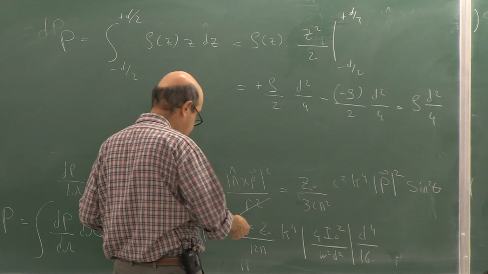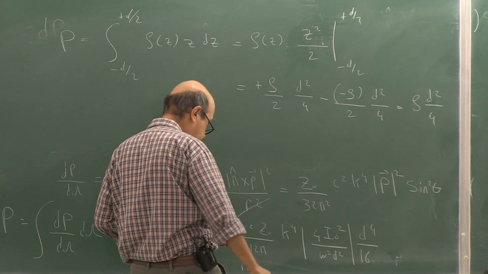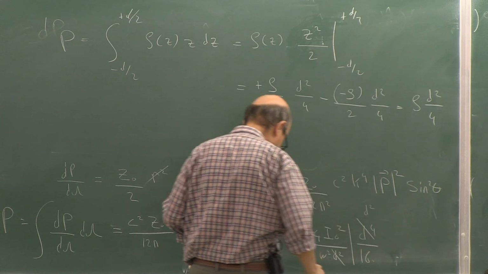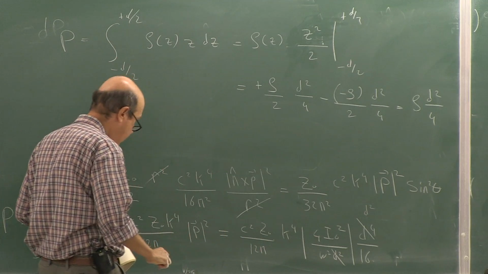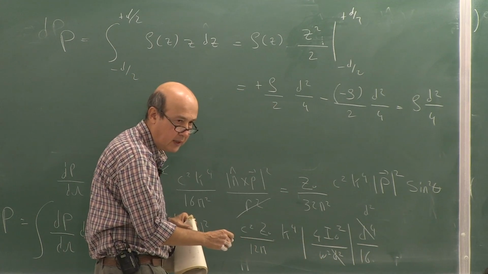I am just interested in the orders. So you have d square and d to the 4. This makes d square. What is c square over omega square? It is 1 over k square.